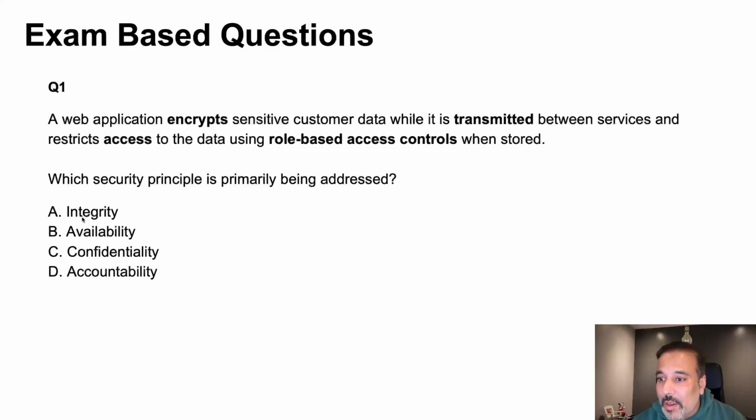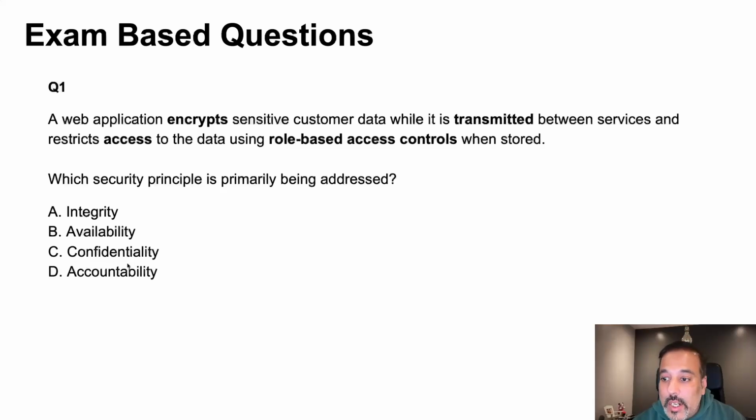Integrity, no, this is not an integrity thing. Availability is again not a concept based on those key points. Accountability, if there is any question about logs and all that stuff, that comes under accountability. So the only option left is confidentiality.